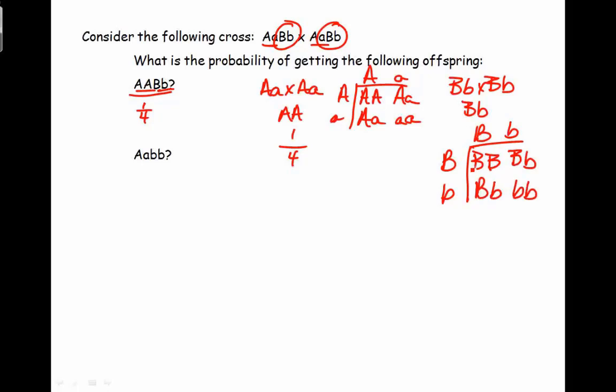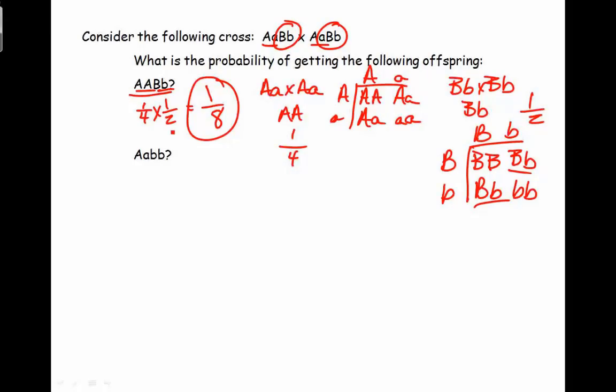And we look at how likely it is we're going to get heterozygous. So in this case, we've got 2 out of 4, which is going to give us 1/2 for the B's. So I go over here and I write my 1/2. Well, now, since they're independent events, we simply multiply them together and we get an overall probability of 1/8. Much simpler than going and drawing out the huge Punnett square.